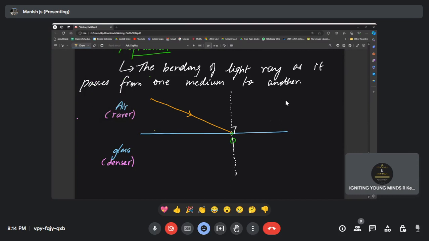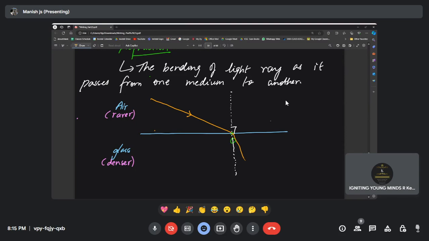Now, what happens to this light ray as it is incident at the air glass interface? The light ray is going to pass through glass. Now it is traveling from one medium to another. The first medium is air. It is traveling from air into glass. Therefore, the light ray is going to bend. Now, how does it bend? It is going to bend towards the normal and travel on the other side. So you see the bending of the light ray here.